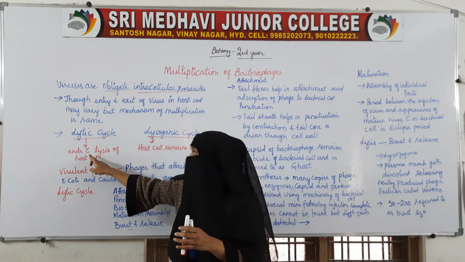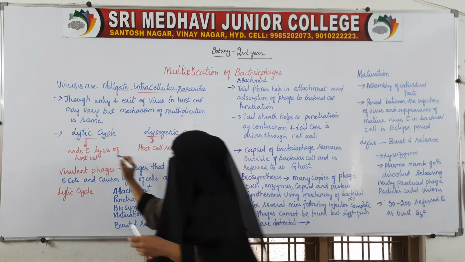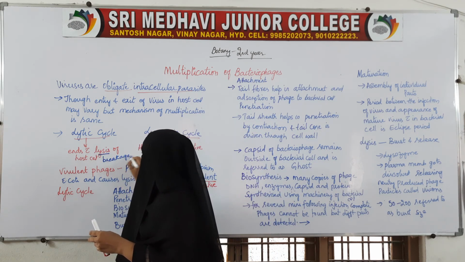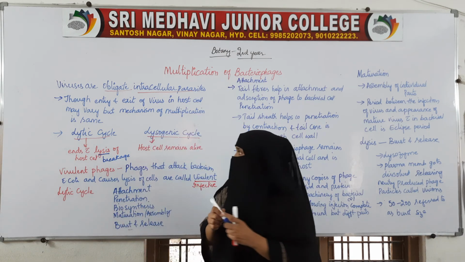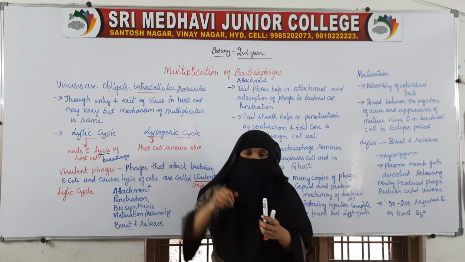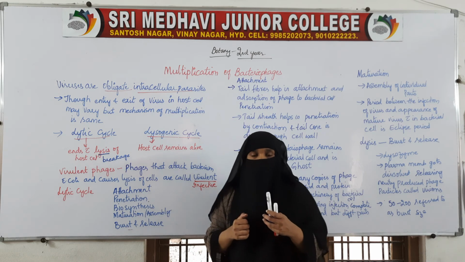Lytic cycle ends with lysis, that is breakage. Lytic cycle ends with the lysis of the host cell. Once the virus infects the host cell, what happens after its multiplication is done?